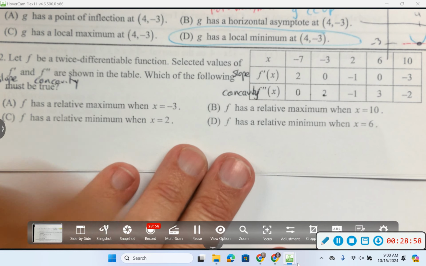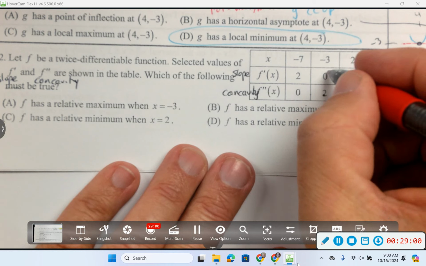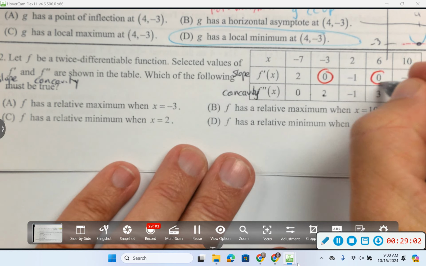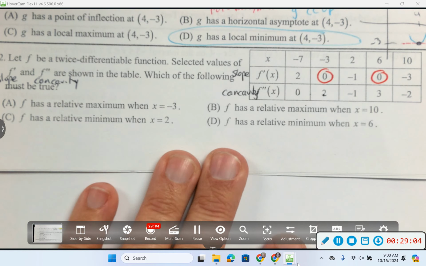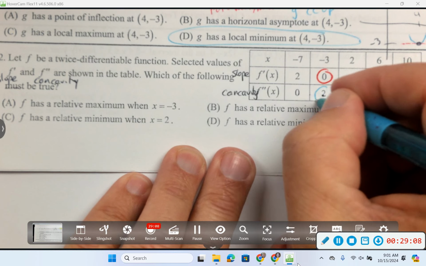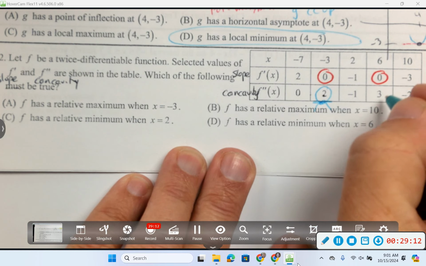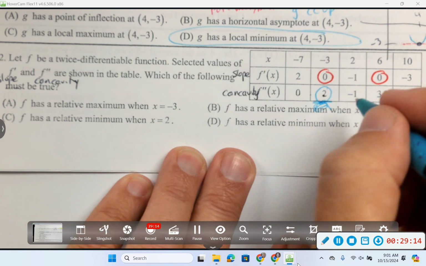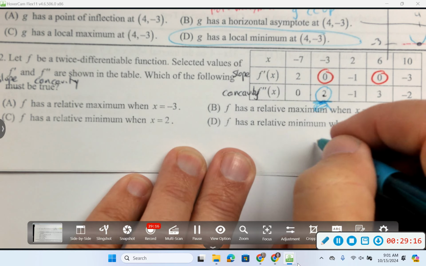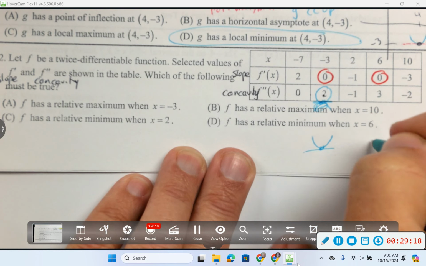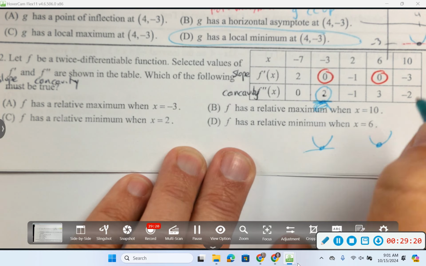Okay, well, the potential maxes and mins are where the slope is 0. And then if we are concave up, that's a minimum. Whoops, I said that wrong. Concave up is a minimum.